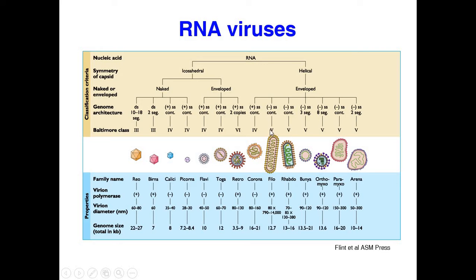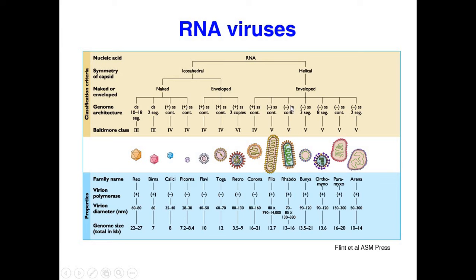You can see the different viruses, and the example is filovirus, which has polymerase enzyme. The size of this virus is 80 by 790 to 4000 nanometer, meaning it is the largest virus. Filovirus is the largest virus, and the size of its genome is 12.7 kilobase pair.